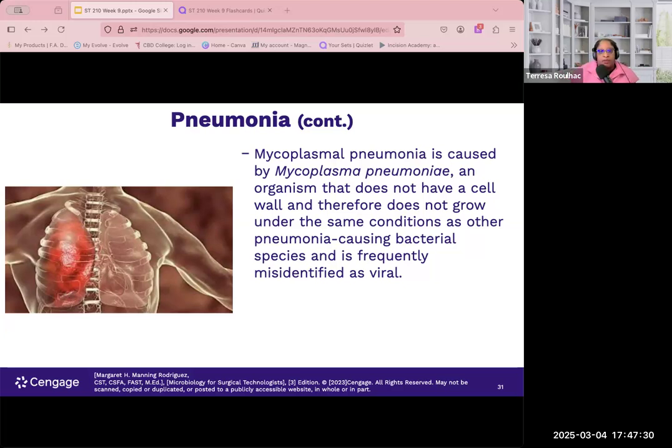A key symptom is carrot jelly sputum, where they're coughing up thick, dark red sputum, and that's because of the presence of blood. It can present with severe symptoms, but can still affect the lungs and compromise patients, especially during surgery.